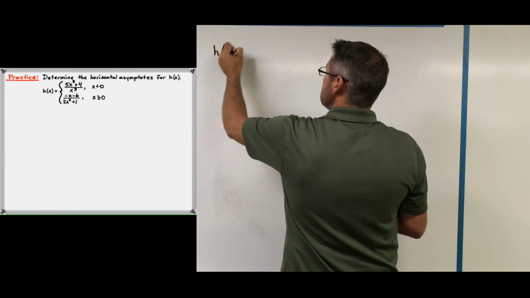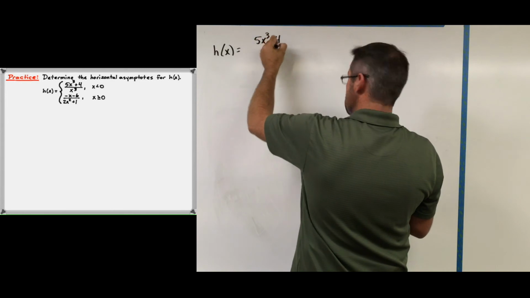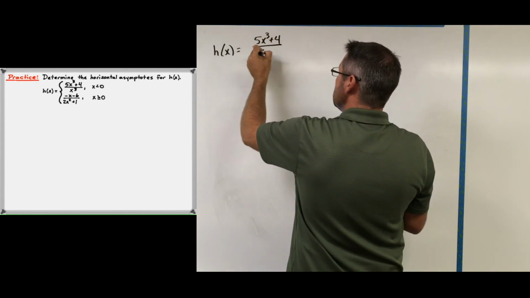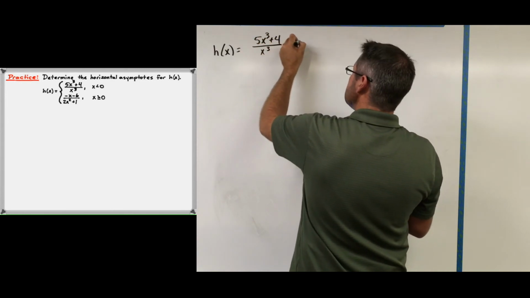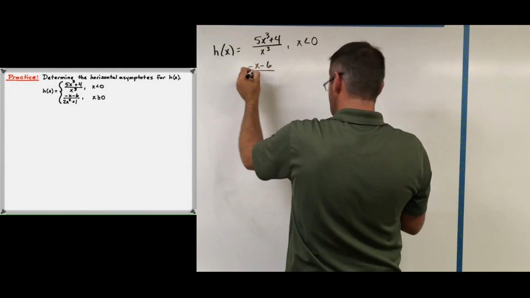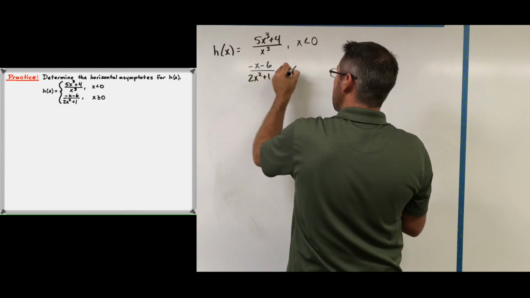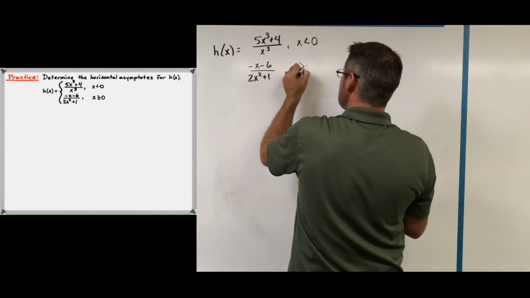So h of x equals 5x cubed plus 4 over x cubed for x less than 0, and negative x minus 6 over 2x squared plus 1 for x greater than or equal to 0.